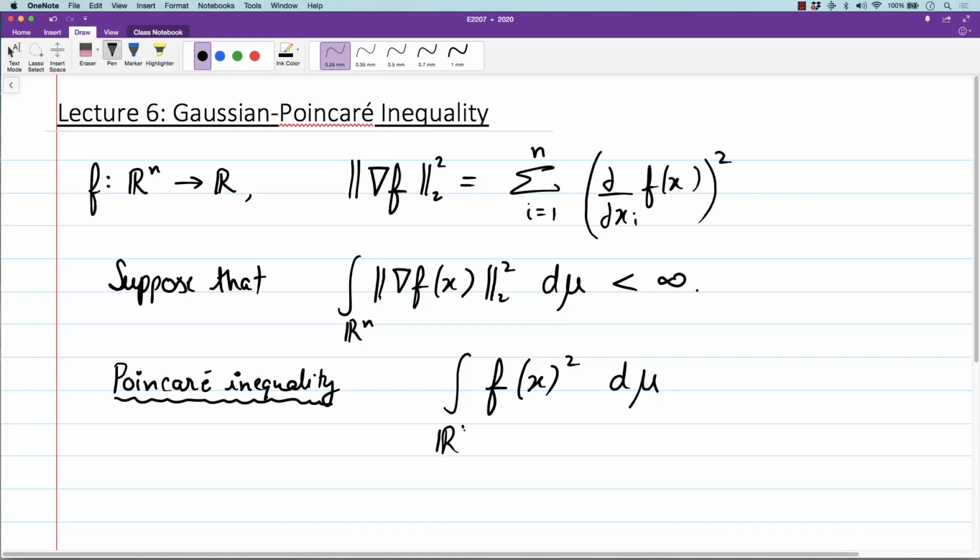This is the 2 norm square of the function. This is less than or equal to some constant times the pth norm, or the 2 norm in this case, square of the gradient. So this is the Poincare inequality.